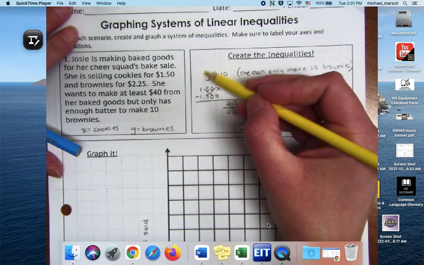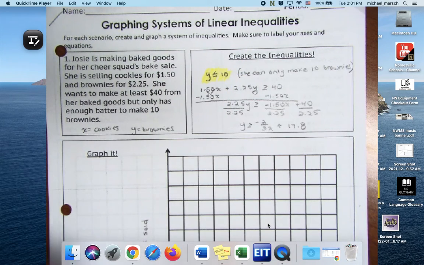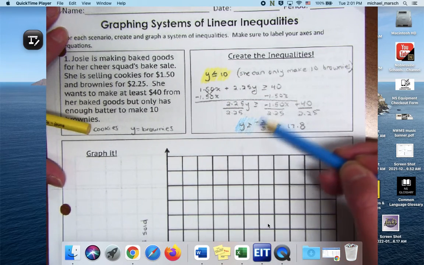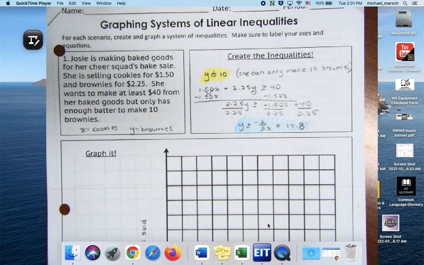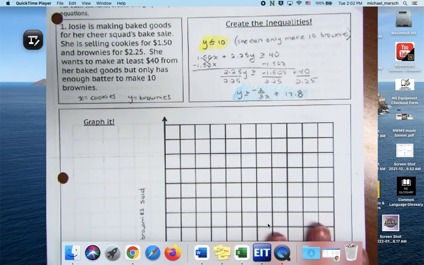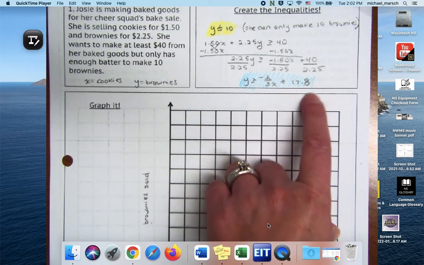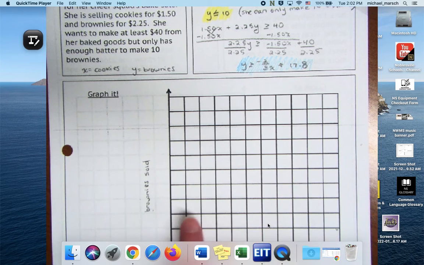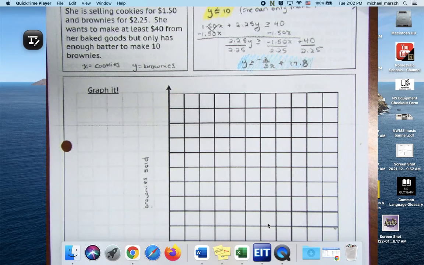So I've got this inequality to graph, and I've got this inequality to graph. So let's look at our y-intercepts. We know we need our y-axis to go up to at least 17.8. So what do you think would be a good increment to go by for our y-axis?